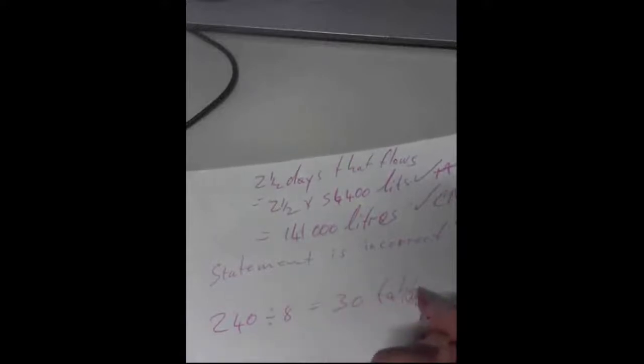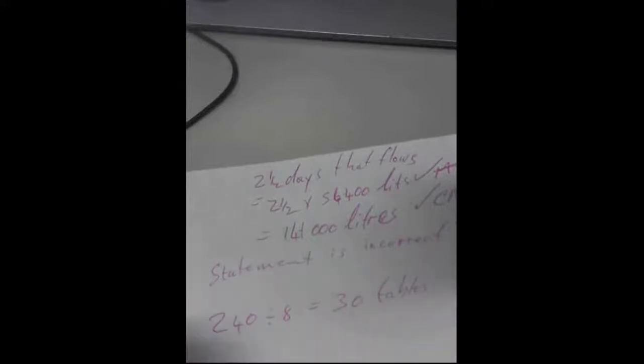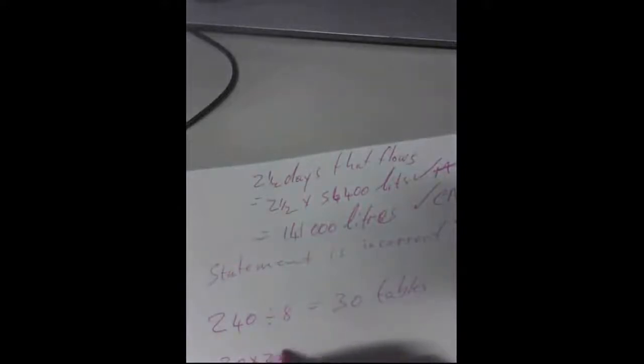And if there's a centerpiece on each table with 4 balloons, then you take that 30 and multiply it by 4.